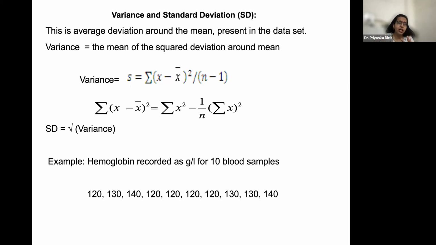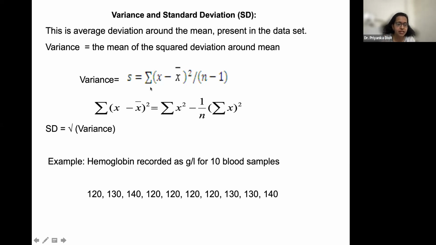This is one of the best indicators to present the variation in a data set. And standard deviation is nothing but the square root of variance.